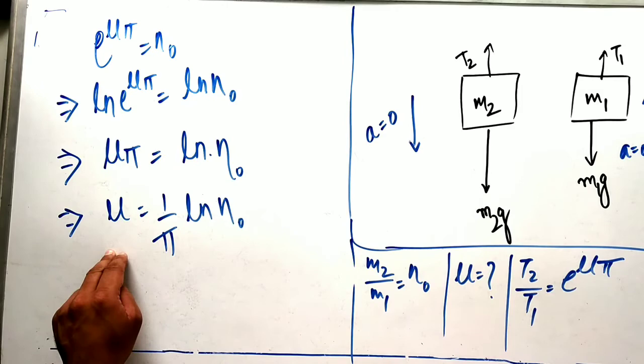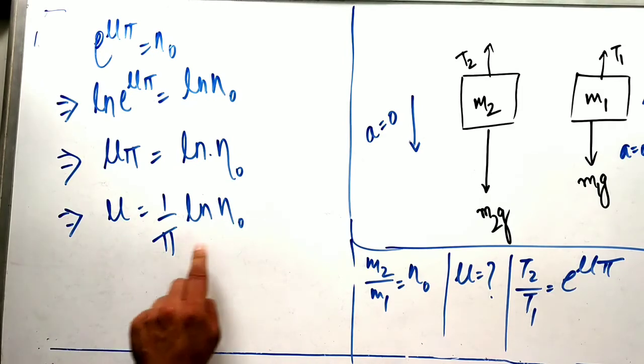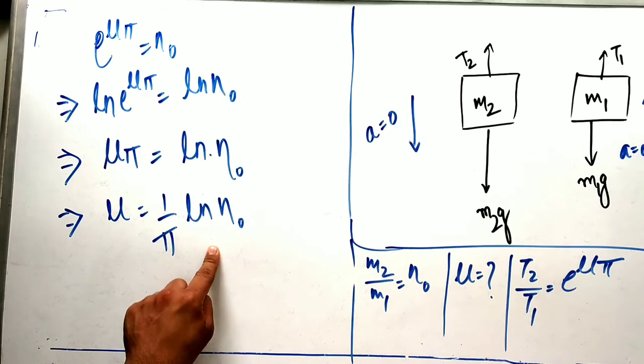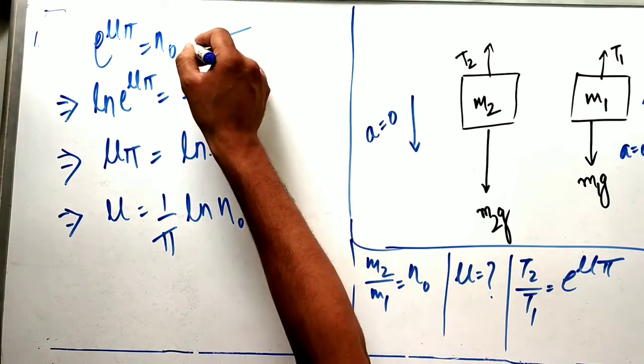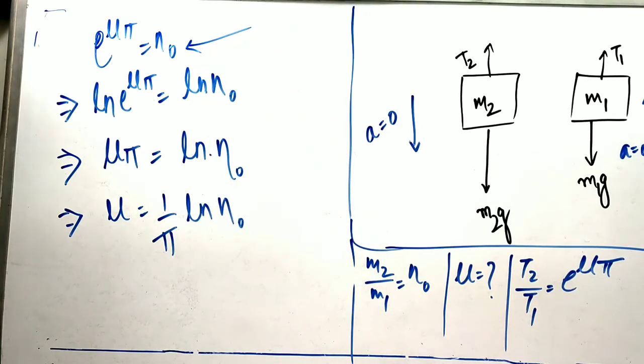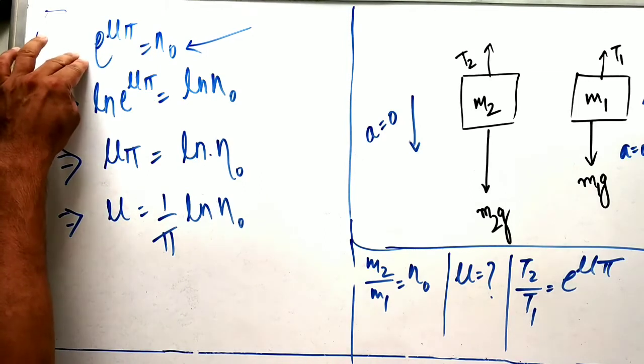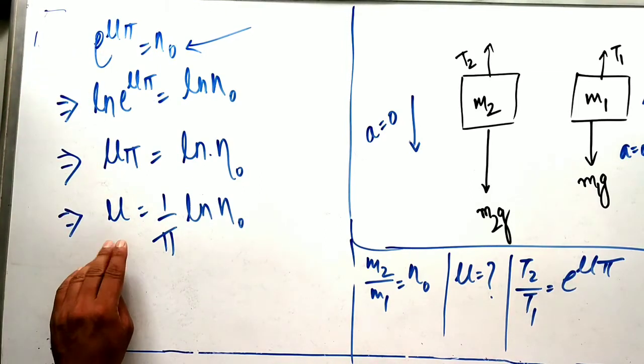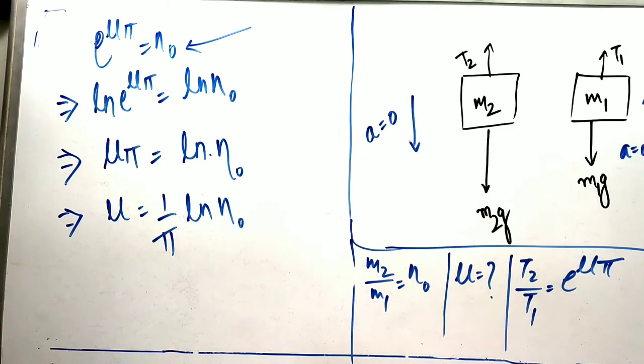So the coefficient of friction which was required has come out to be equal to 1 by pi ln eta naught. Also, we've got one important expression here. We will keep this and this. We've come to the answer of the first part of the question. So we will write these two parts here.